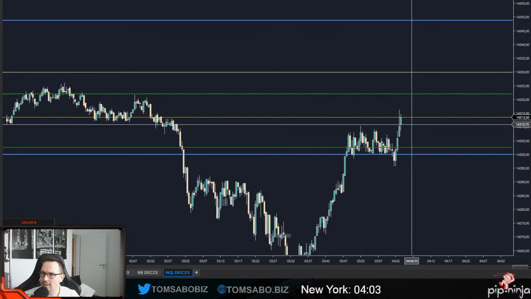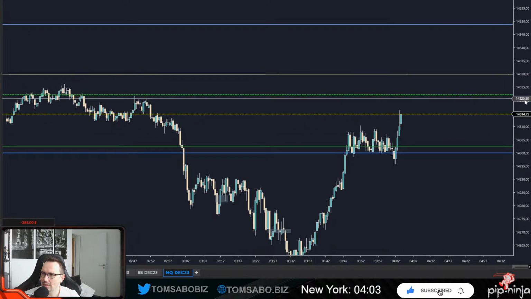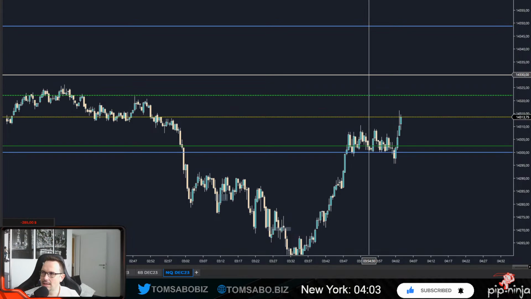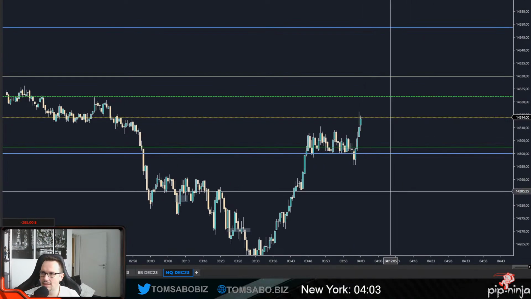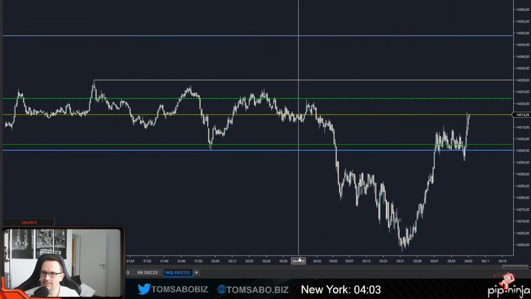No fair value gap that I would like to take. But it's so tempting because at this line, the 30 level, there's liquidity. There's definitely liquidity up there. It could be reaching for that.